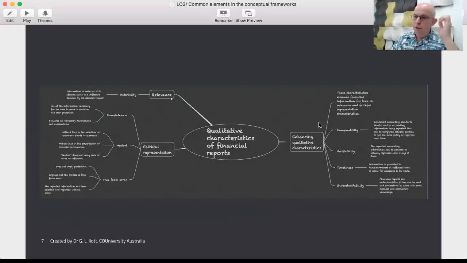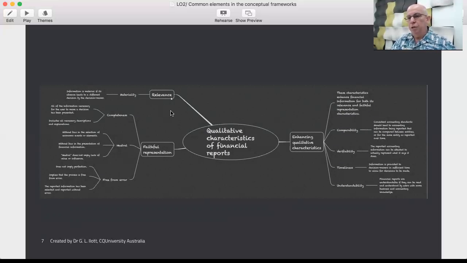Over here on the left-hand side, we're kicking off with relevance. The financial report must include information that is materially relevant. And we know something is material if, when the information is absent, the decision maker may make a different decision. That's how we come to know which information is material or not.